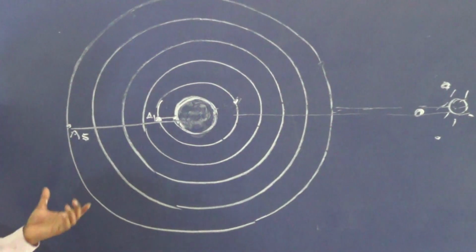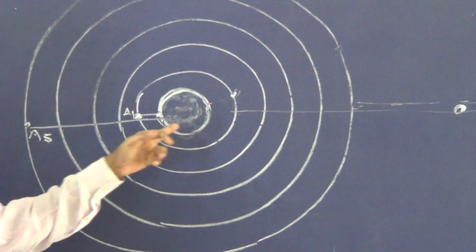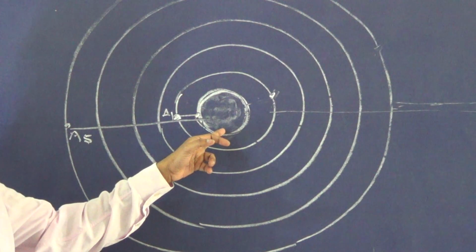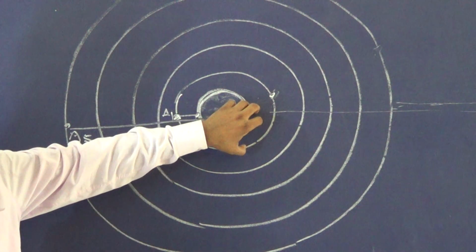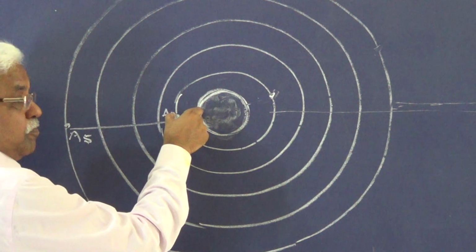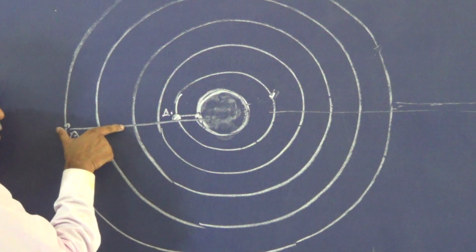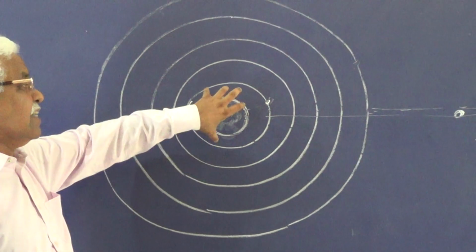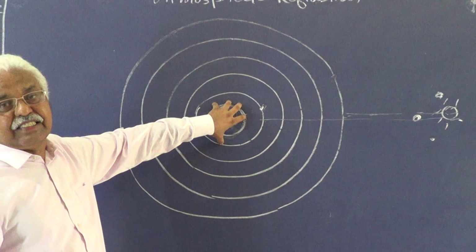Now tell me, which will have more attraction? Which will be attracted more towards earth? Earth has mass higher. So therefore, here the force of attraction will be more, here the force of attraction will be less. So obviously, more is the force of attraction, denser will be the air density here.